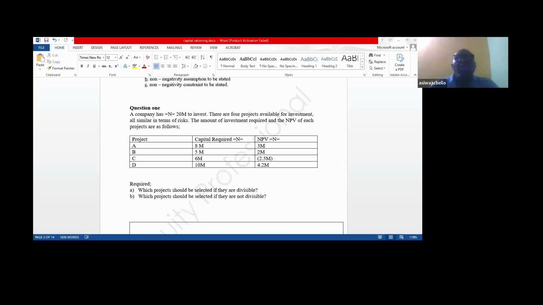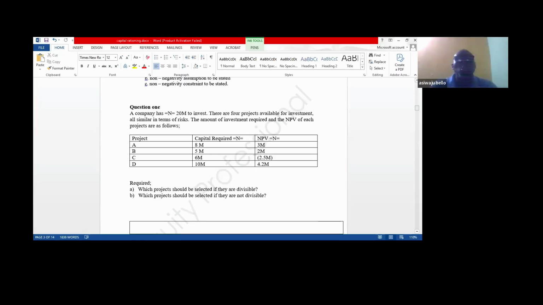A company has 20 million to invest. There are 4 projects available for investment, all similar in terms of risk.